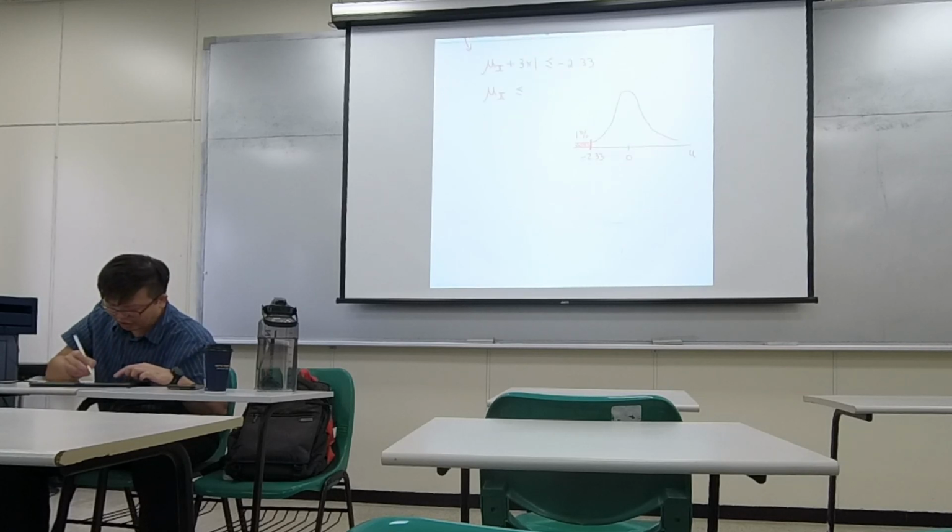I wish I can convert this back. So UA equals negative 2.33. If I convert back, what is the mean value?